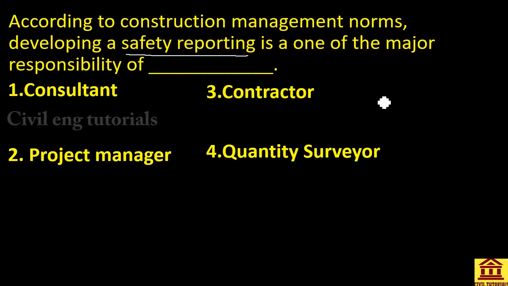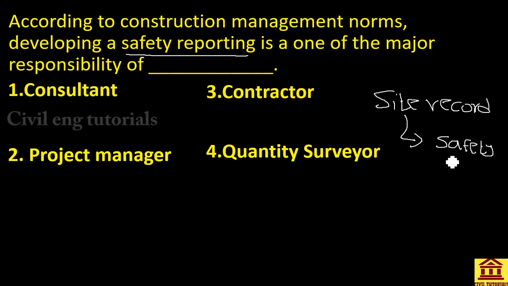At the site there are some site records. One of the major site records that we have to maintain at the site is safety reports. So this question is asking whose work safety reporting is.